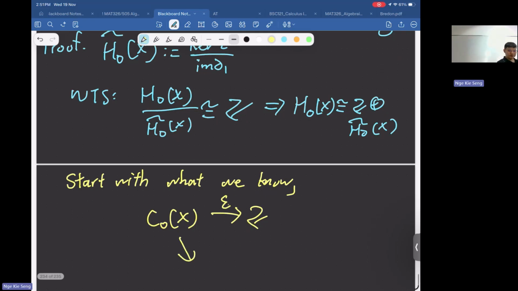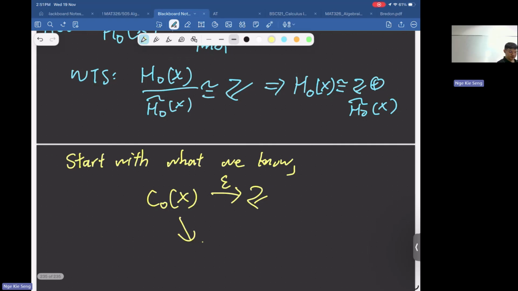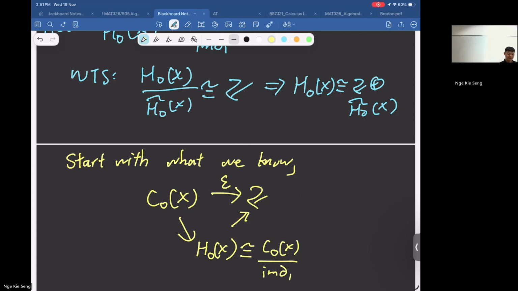And we also saw from the last proposition that h naught x is isomorphic to C naught x quotient out by the image of del 1. So there's a commutative diagram like that. And I think by the first isomorphism theorem, we have this map. Let's call it epsilon bar.